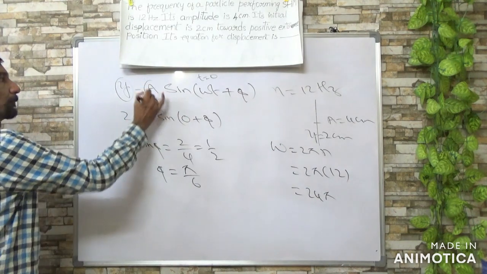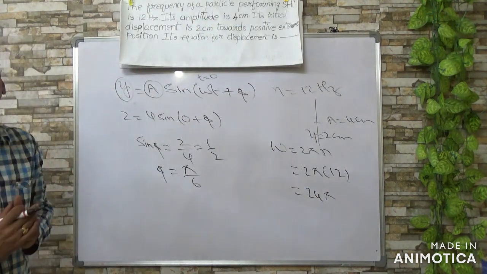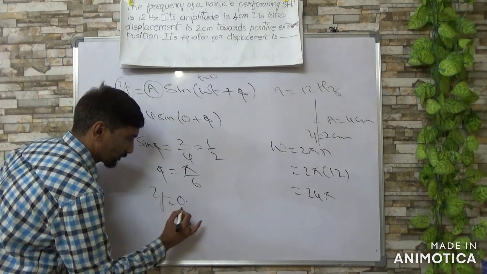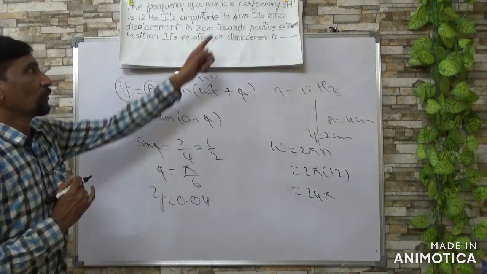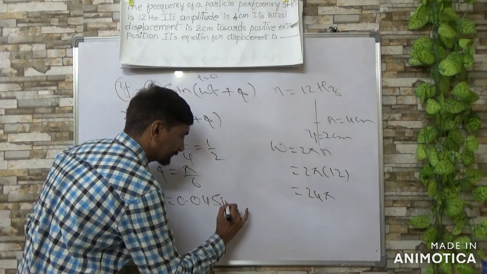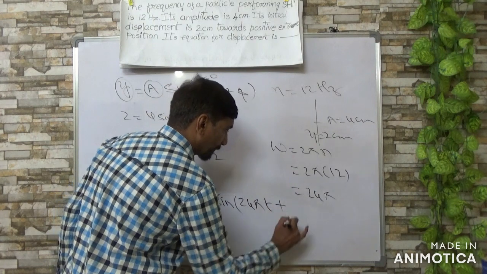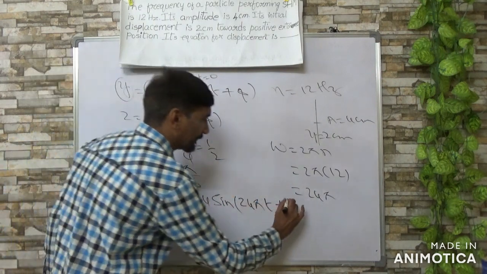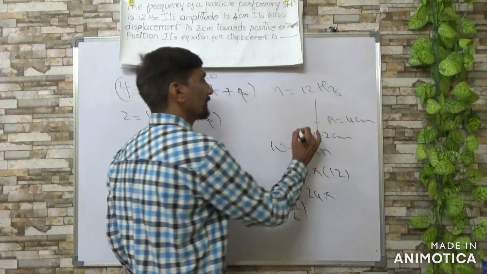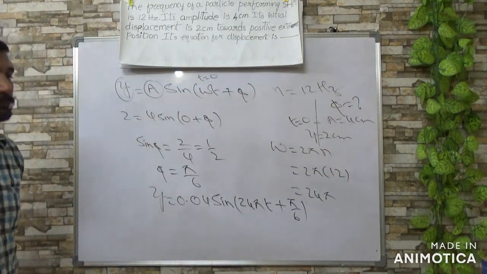Amplitude is given in CGS units, you can convert into meters. Therefore the equation becomes 0.04, 4 centimeters is 0.04 meter, sine of 24 pi t plus the phase angle. So the initial position of the particle when t equals 0 gives the phase.